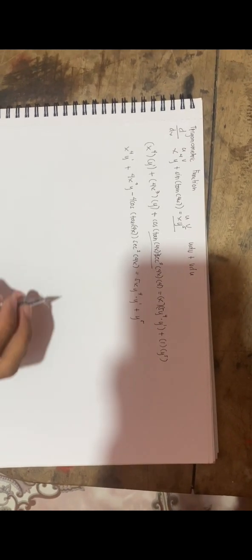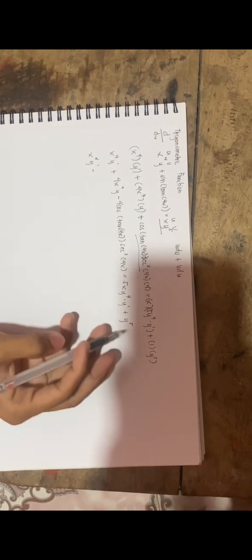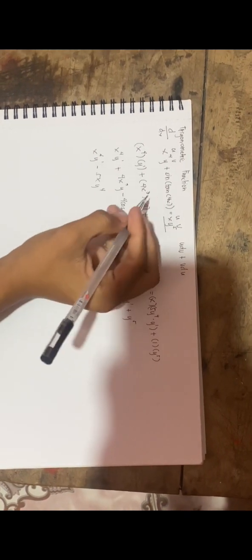Then put together the terms with y prime, transpose x raised to 4 y prime minus 5x y raised to 4 y prime.